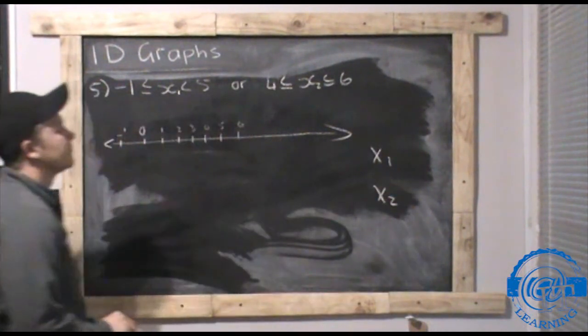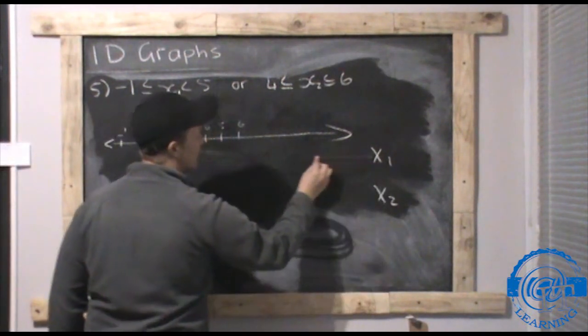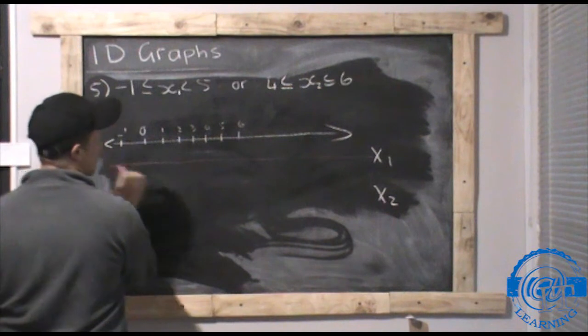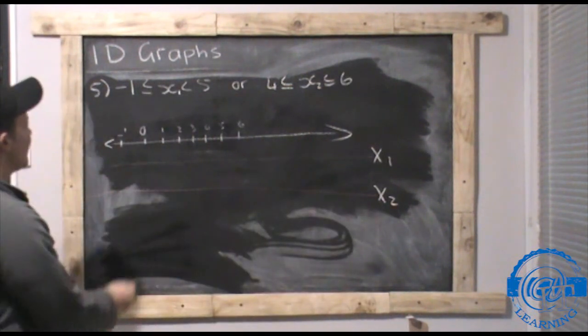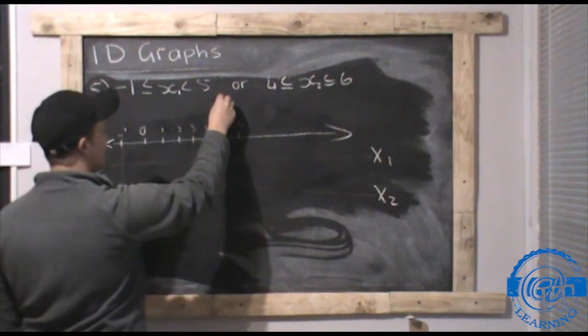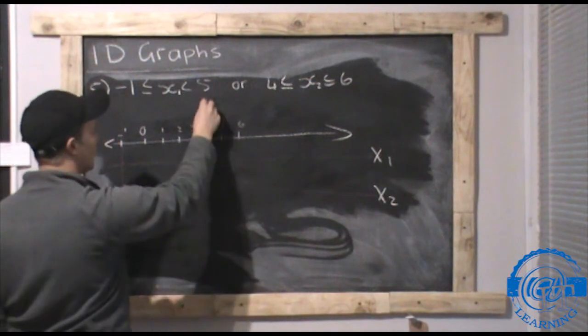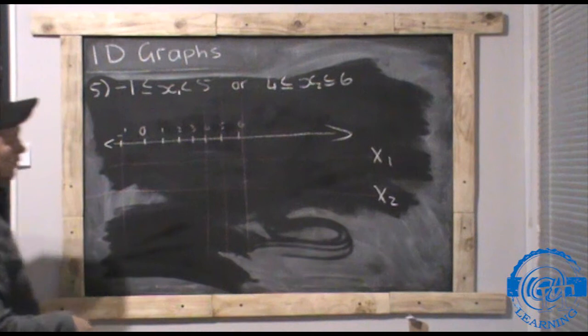Let's bring our variables over. Please use a dotted line. Bring your numbers over: 5, 4, and 6.